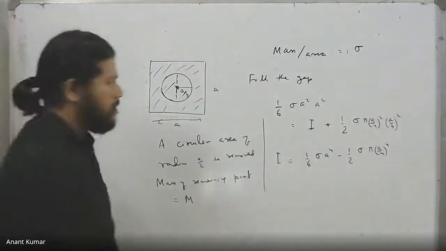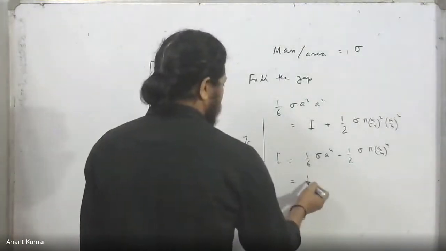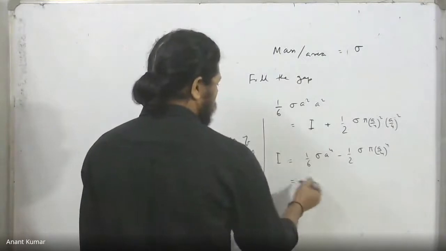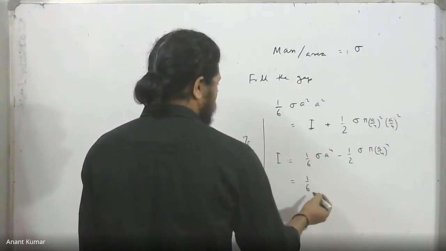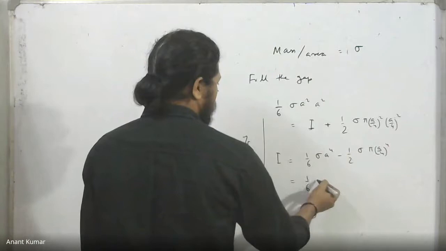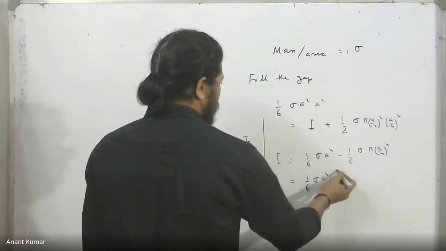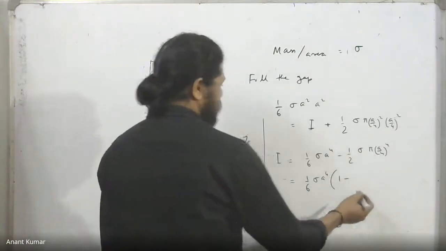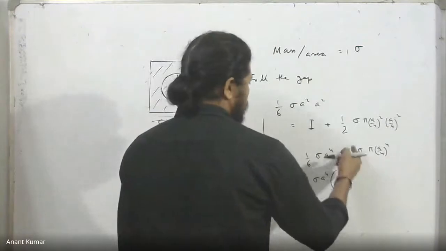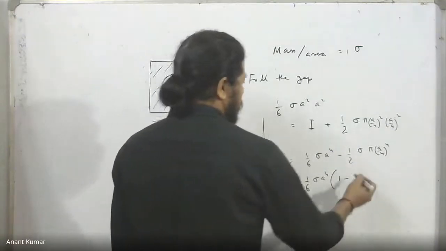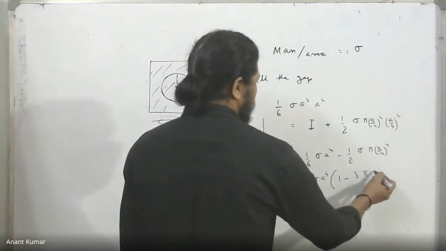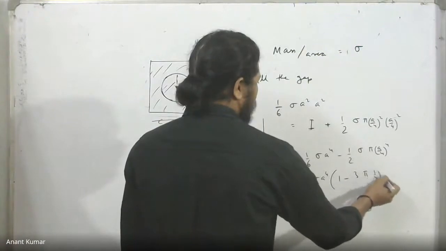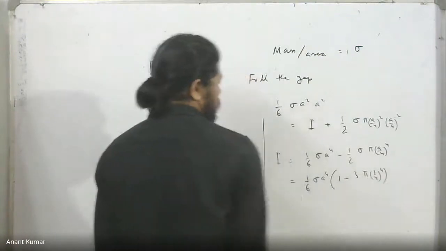So I can just consider 1 by 6 into sigma into a raised power 4 common, 1 minus, I have to have 6, I multiply and divide by 3. I get 3 into pi into 1 by 4 raised power 4.